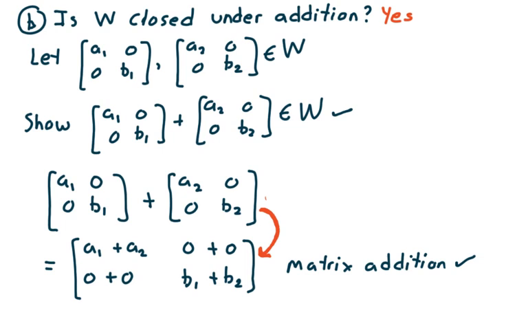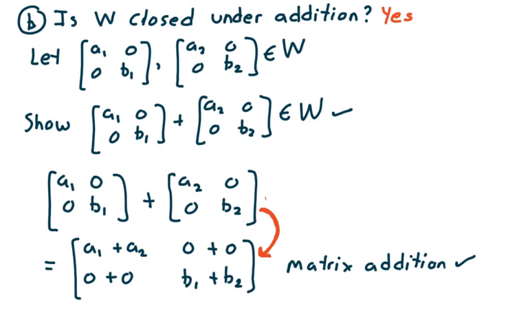Part B. Is W closed under addition? The answer is yes. How do we show this? We're going to pick 2 matrices in W, and we're going to show that when we add them up, that sum also belongs to W. So we're going to let the matrix [A1, 0; 0, B1] and the matrix [A2, 0; 0, B2] belong to W. We want to show that [A1, 0; 0, B1] plus [A2, 0; 0, B2] also belongs to W. So let's start there.